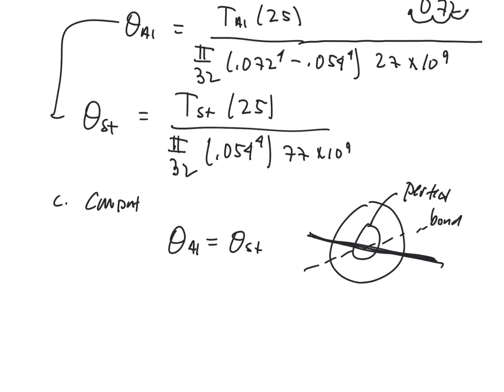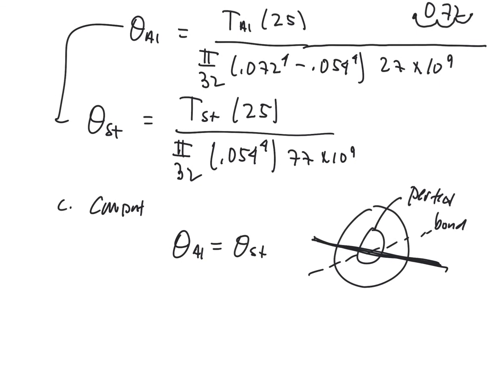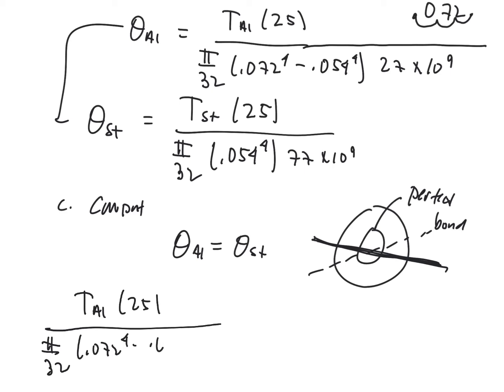Let's go ahead and redo that. I'll try to leave up enough space. So we've got the torque in the aluminum times 25 times pi over 32, 0.072 to the 4th minus 0.054 to the 4th, times 27 times 10 to the 9th. That's going to be equal to the theta of the steel.